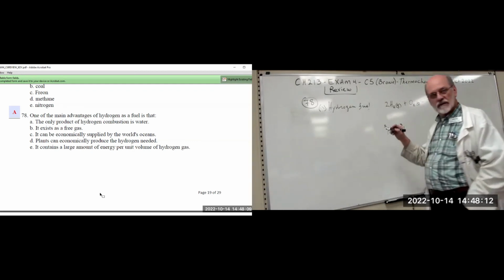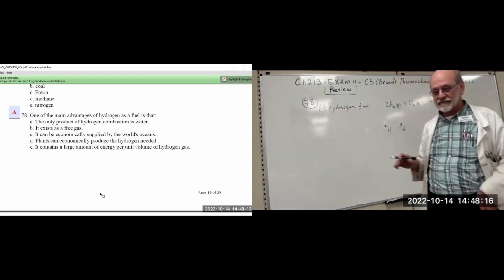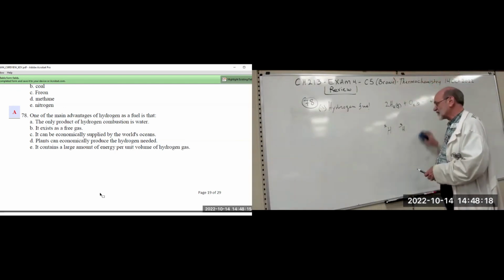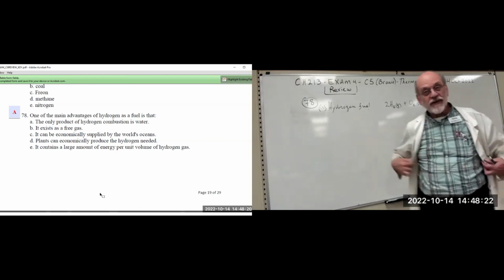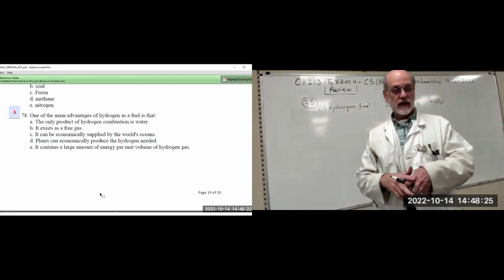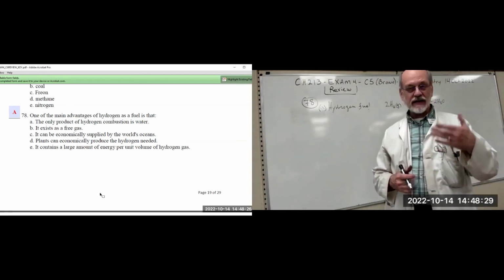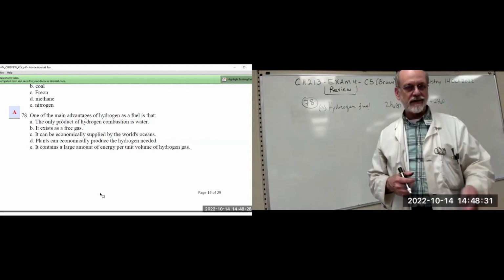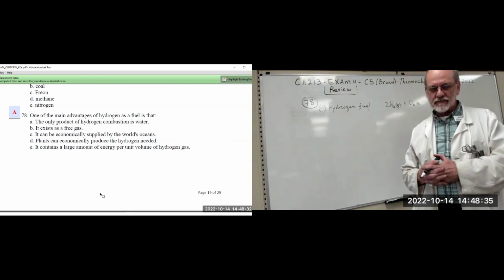And that's for nuclear fusion. Right? So that's not the best advantage because we have not perfected the fusion yet. So that avenue of hydrogen acting as a fuel is not open to us yet. So the A is a better answer than C.